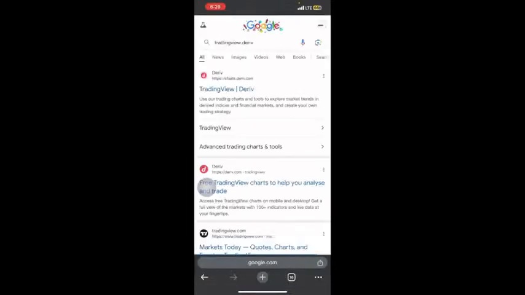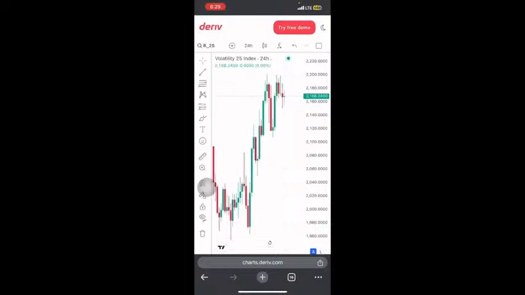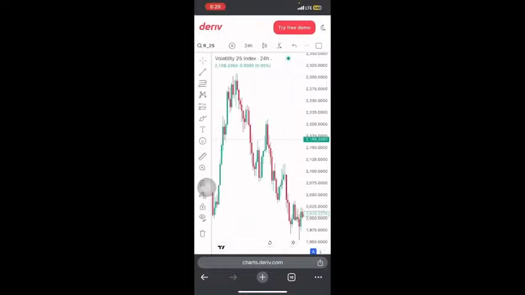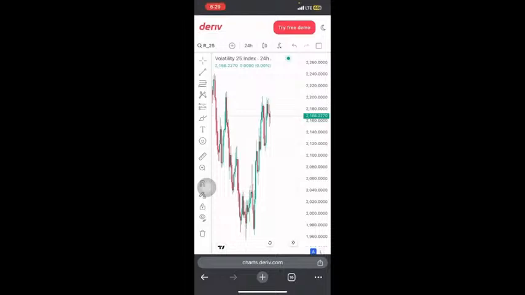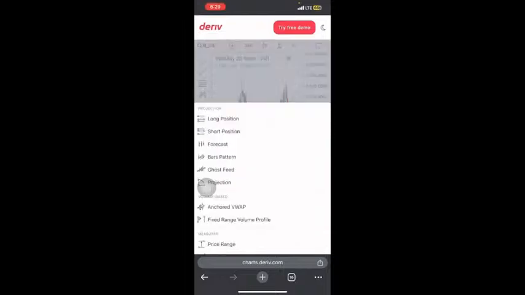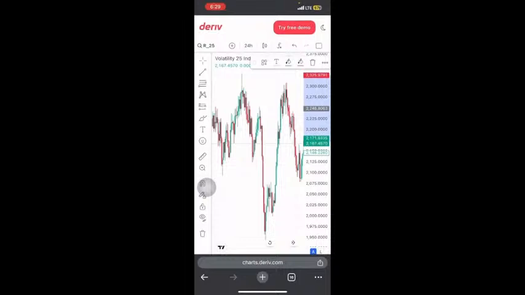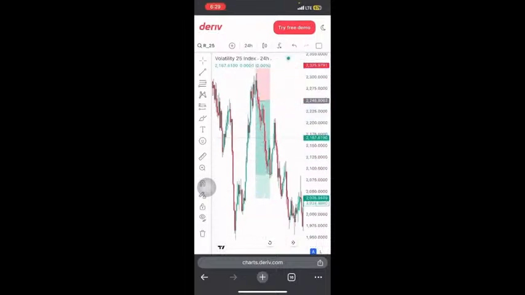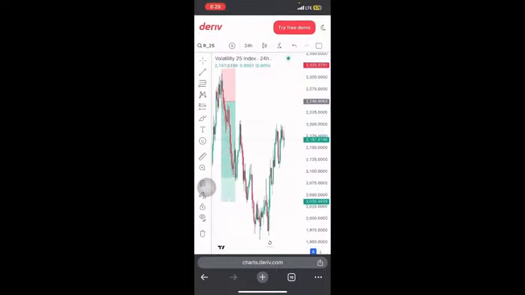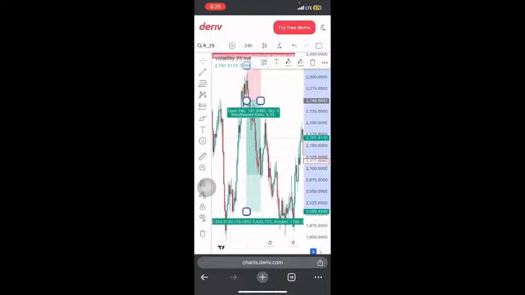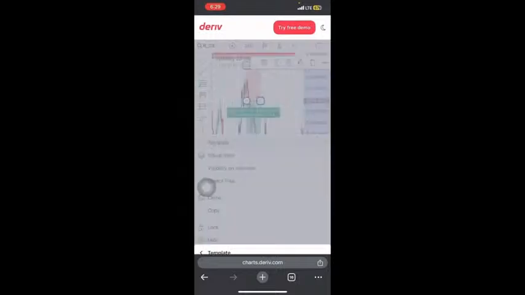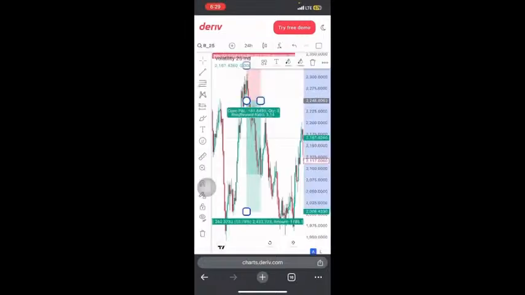Okay, so this is it, the TradingView platform of Deriv. You can use it. It has all the features you are supposed to make use of. So just in case you want to do your charting on TradingView, you can do that.